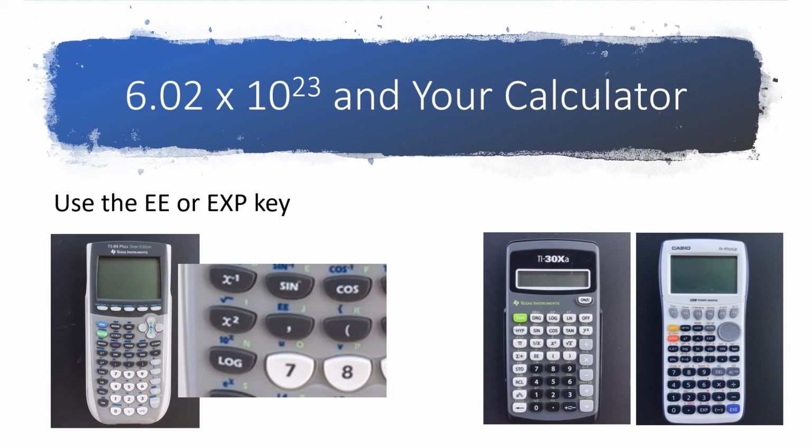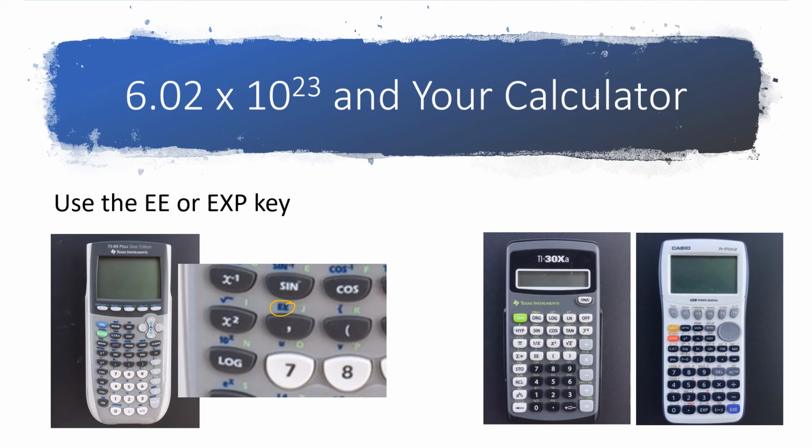If you're looking at either a TI graphing calculator or one of the other models set up to mimic the graphing calculator, find the number 7 and then look at the key above the number 7. It's got a comma on it, and the second function on that key says EE, and that's what we will use for scientific notation.